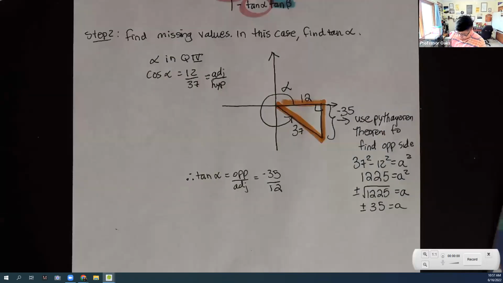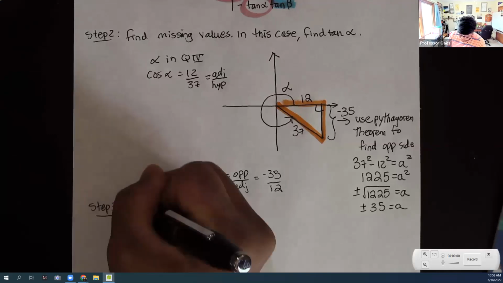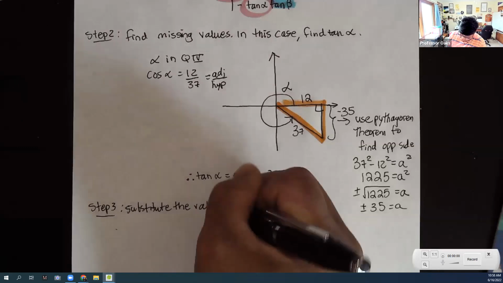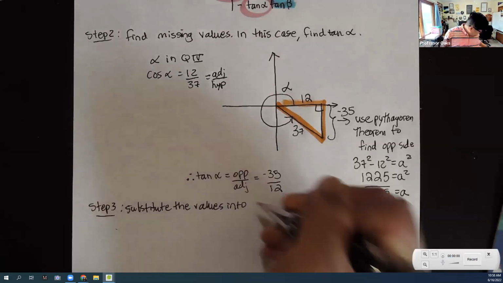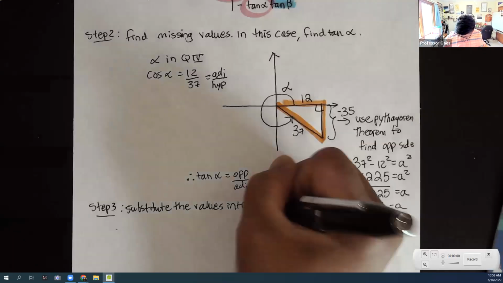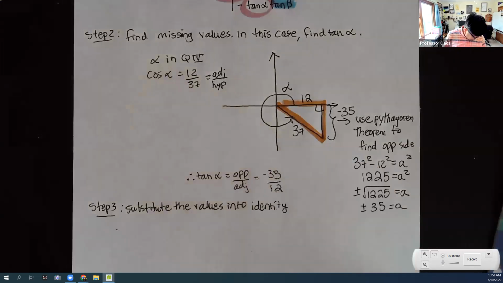Then step 3 is to substitute the values into the identity. I don't feel like this is too bad, but you just have to be careful about what is happening here.